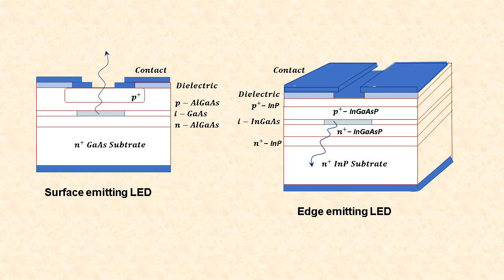The wide band gap of aluminum gallium arsenide acts as a confining layer for the carriers. Edge emitting LEDs have better coupling efficiency than surface emitting LEDs, and edge emitting LEDs are temperature sensitive.